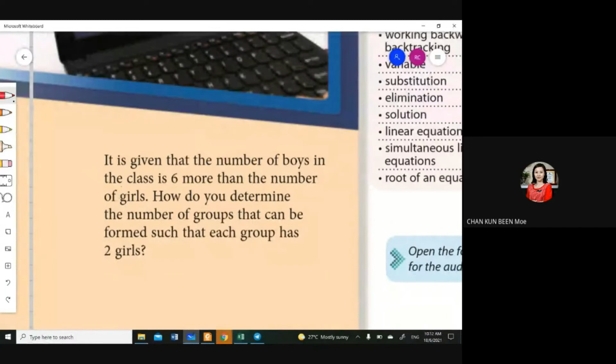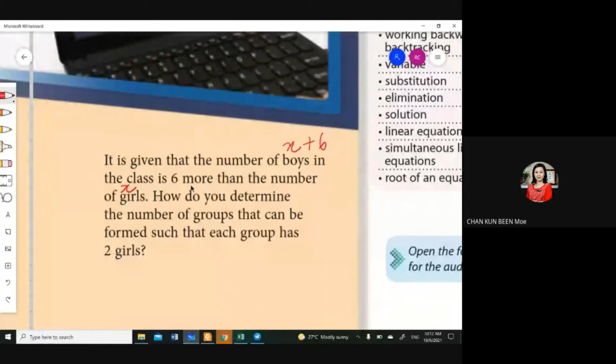Then the number of boys is 6 more than the number of girls, so the number of boys is X plus 6.